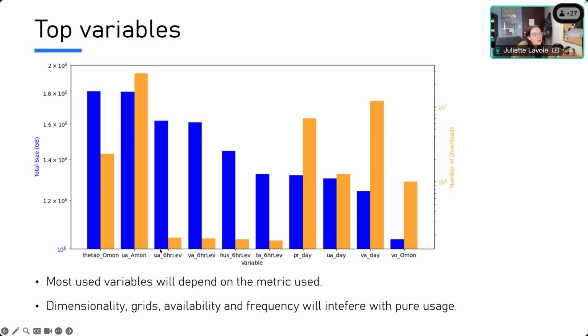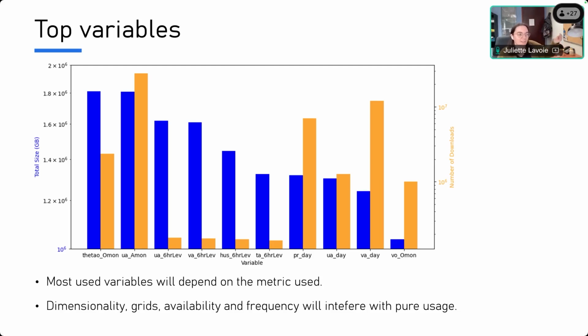But then we run into a problem where it depends on the metric that we're using, because by total size versus number of downloads, we don't have the same usage. There are a lot of things that will interfere with pure usage: dimensionality, whether this is 3D data, grids, atmosphere or ocean, the number of levels, and availability.